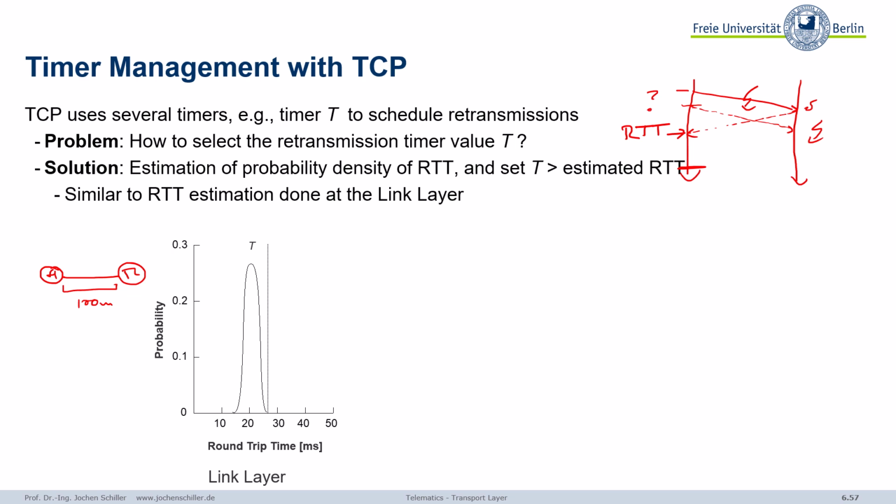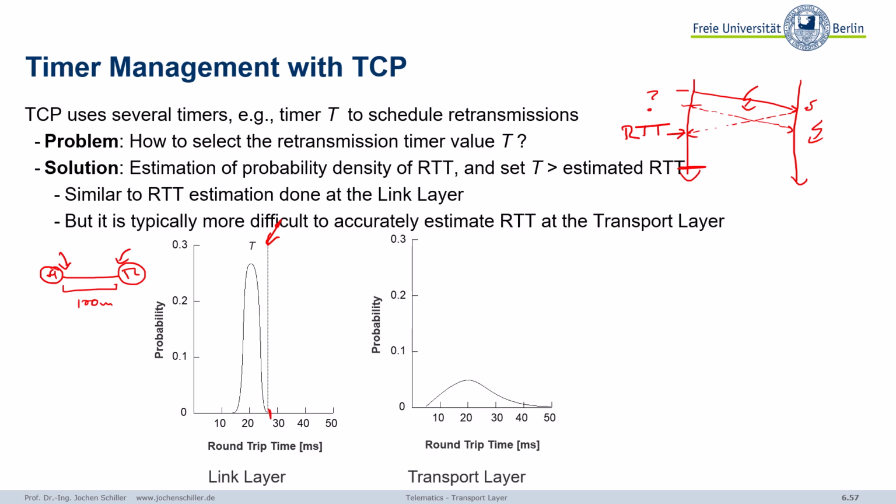What could happen to the signal here? Okay, we have network interface cards here, so maybe they buffer a bit, but typically the probability of the round trip time is quite narrow around a certain number here, 20. So if we pick a round trip time somewhere here, in our case maybe 26, that's a good idea.